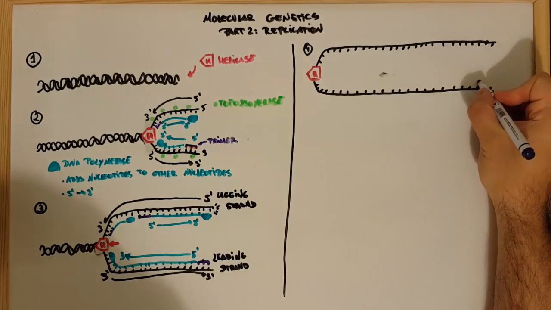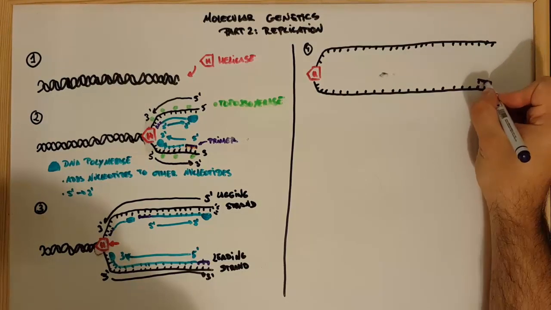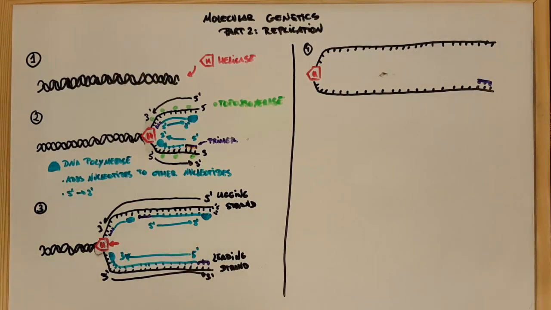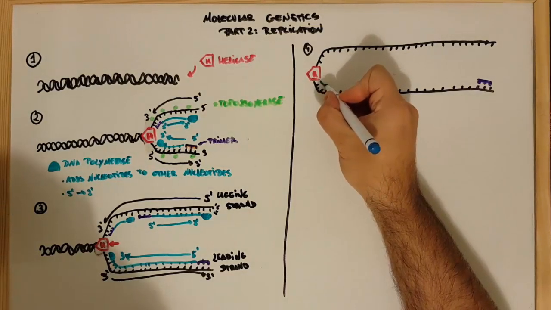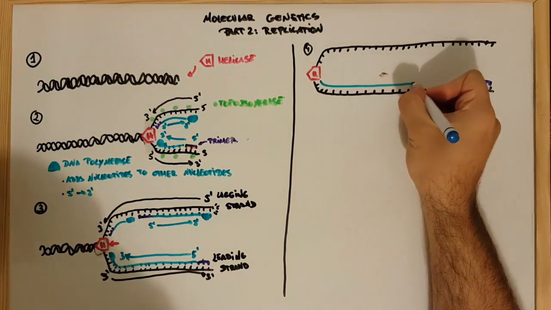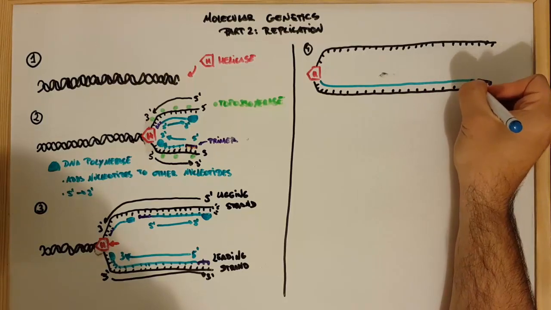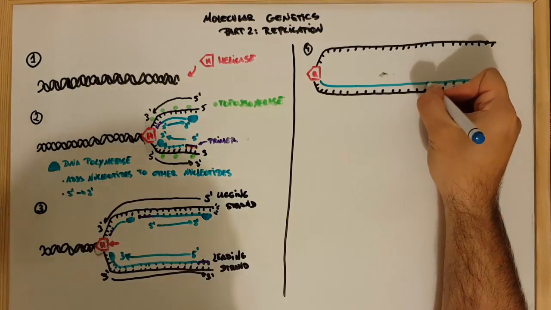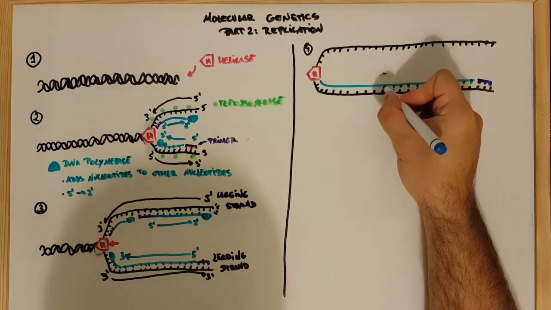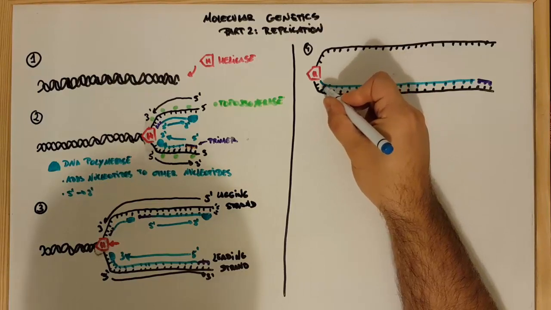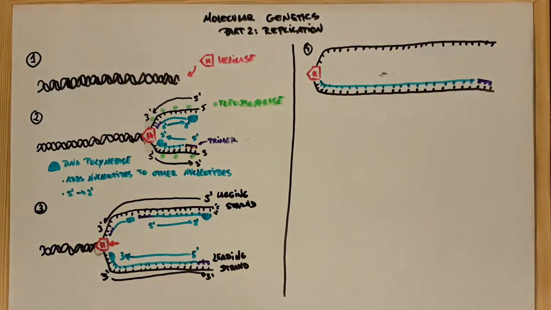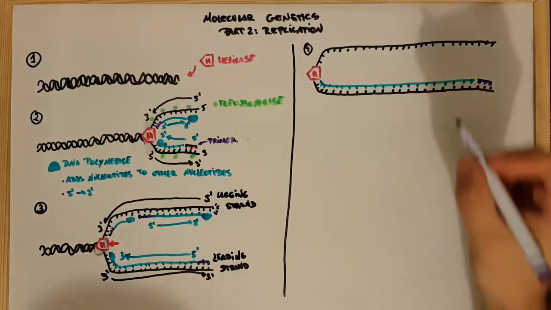We're going to have in the leading strand, okay, the leading strand is going to be fully replicated like this. But the lagging strand is going to be replicated in fragments.